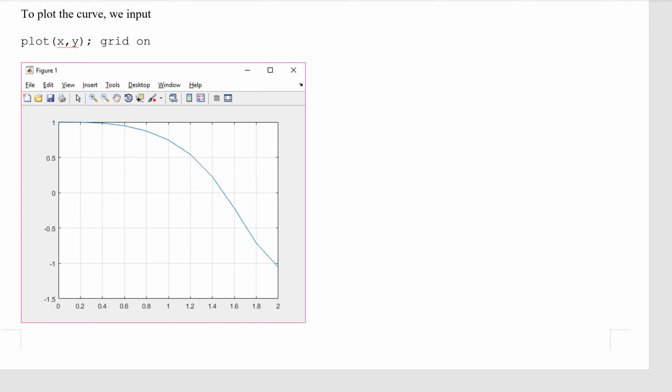Remember we talked about linear algebra and differential equations, and we learned about differential equations. So we know there are many differential equations we were not able to solve. But here we can use numerical methods. We can use Euler's method and the Runge-Kutta method to help us approximate the solution.